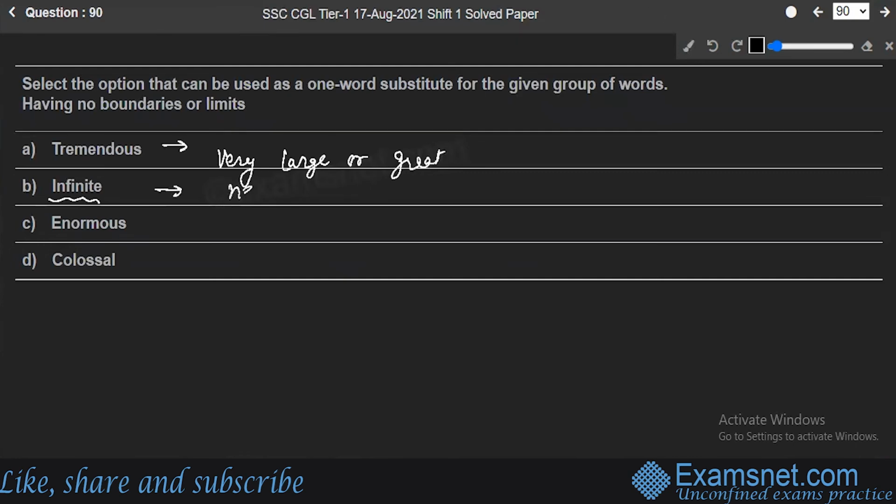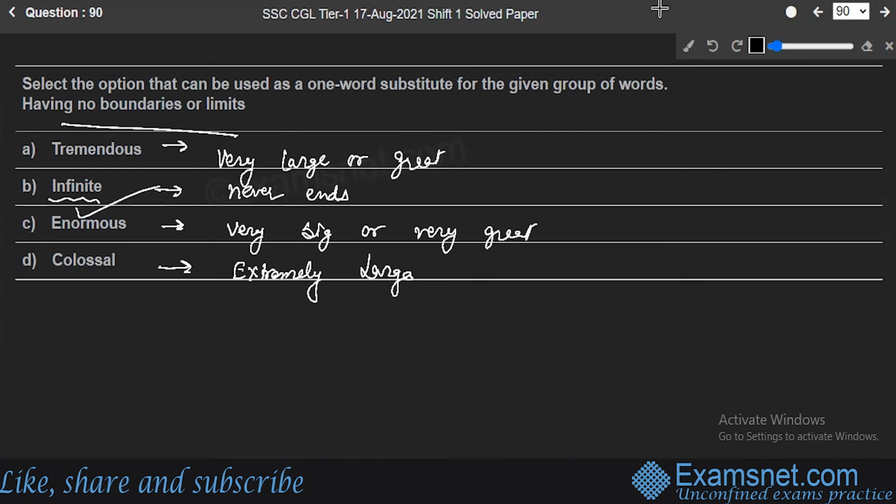Infinite, which never ends. Enormous, very big or great. Colossal, extremely large. So, having no boundaries or limits, the correct answer is option B. Hope you are clear with this.